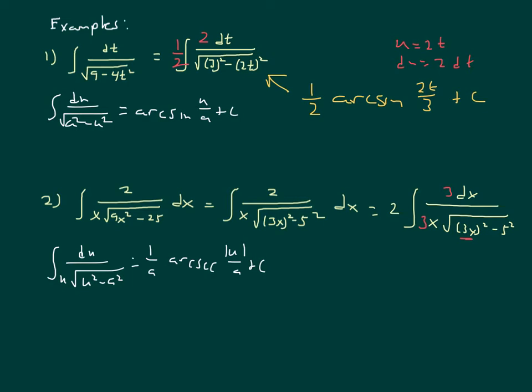And you'll notice that if u equals 3x, du is going to be 3 dx. So right now, there's the du. That's u, and u squared minus a squared.